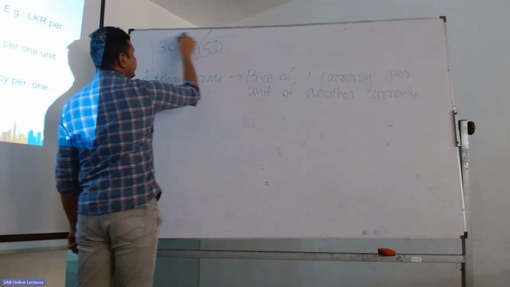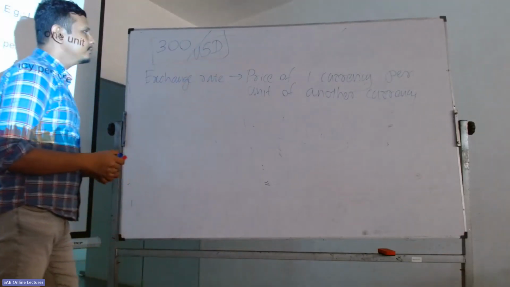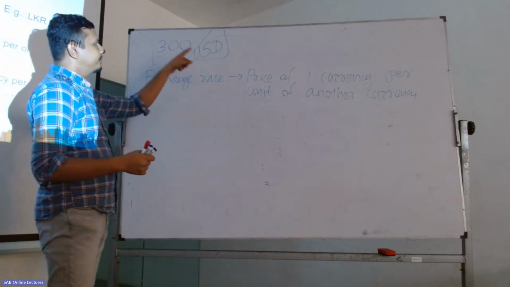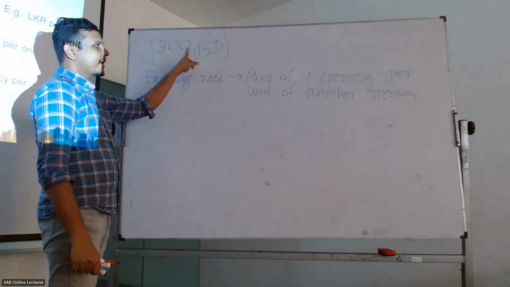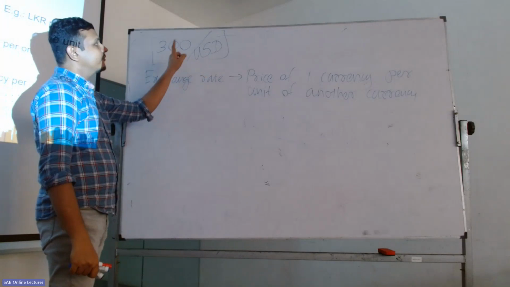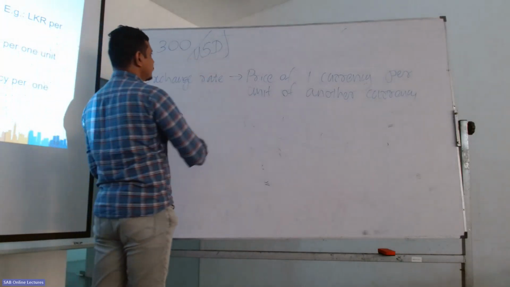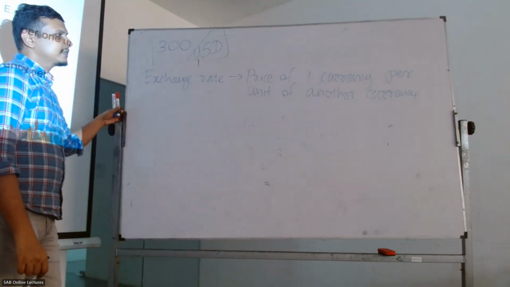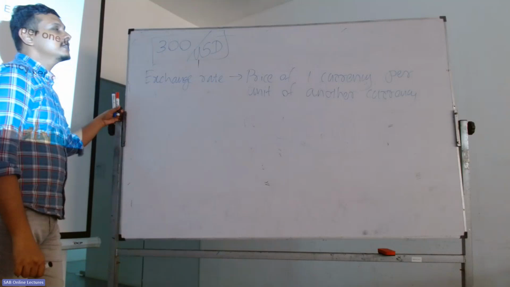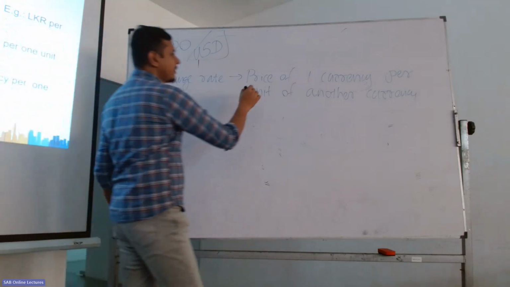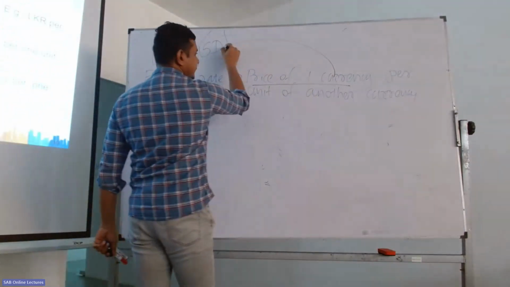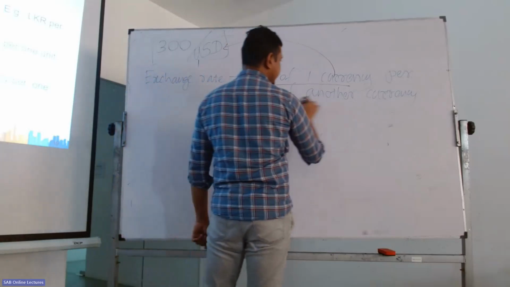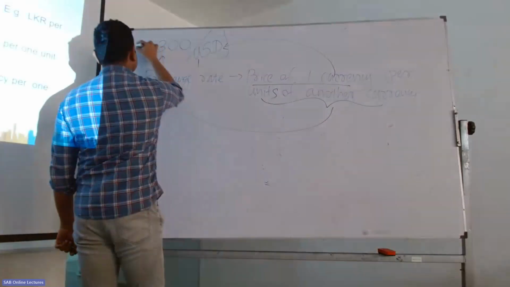So let's say the exchange rate between LKR and USD is 300 per USD. What does it mean? The price of one USD is 300 Sri Lankan rupees. Price of one currency, that is USD, per unit of another currency, here LKR.